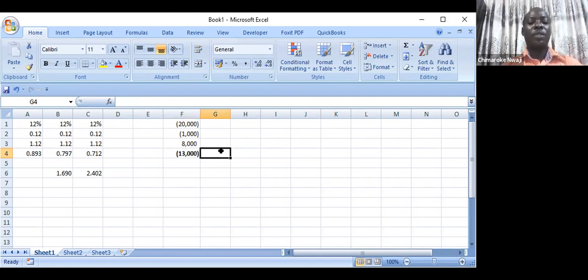So what do you do? 13,000 is your net cash flow. Now you divide your net cash flow by the number of years. So this is 13,000 divided by 1. It's giving you 13,000. So this is your equivalent annual cost for 1 year.